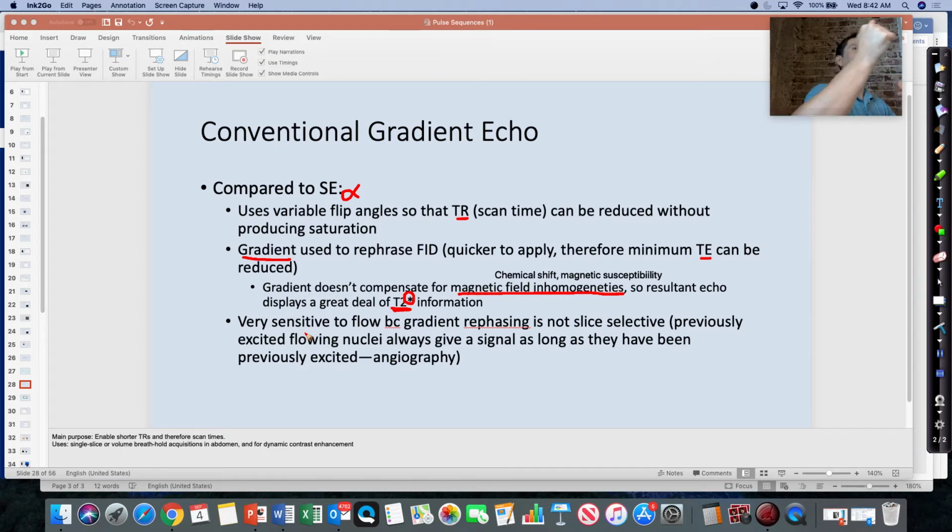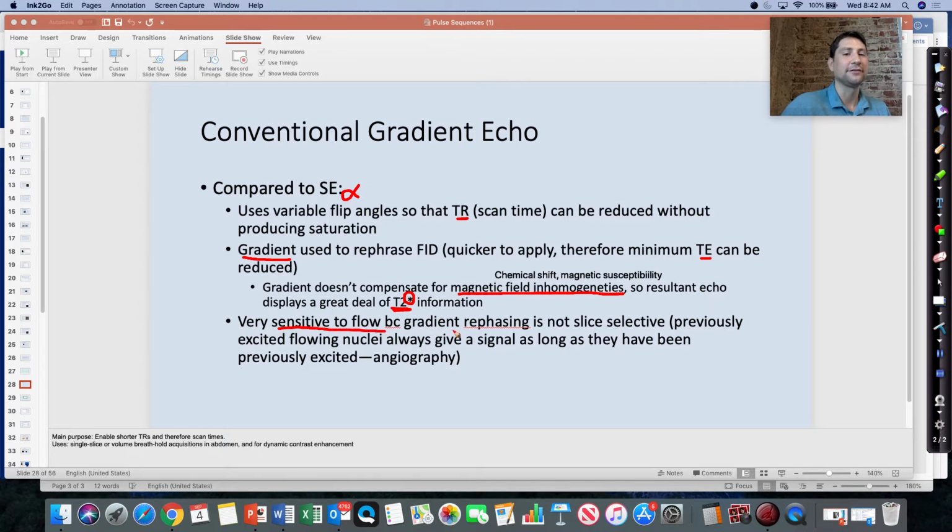You're timing those things. You're trying to catch that blood flow in those arteries at this specific time. Those are your gradient echo pulse sequences because they have to be fast and they image flowing blood. Spin echoes are not going to be able to catch that flowing blood because it's a lot slower. So gradient echoes are very sensitive to blood flow.